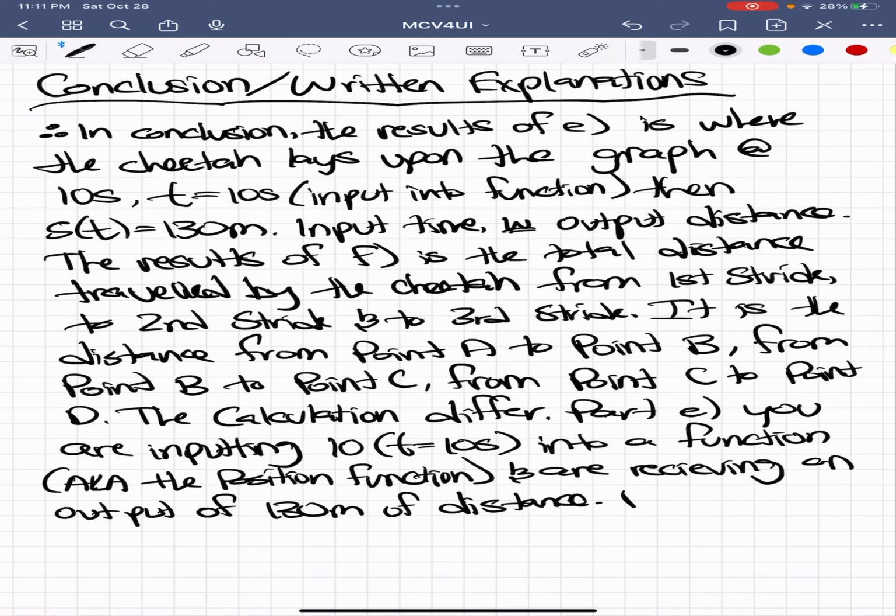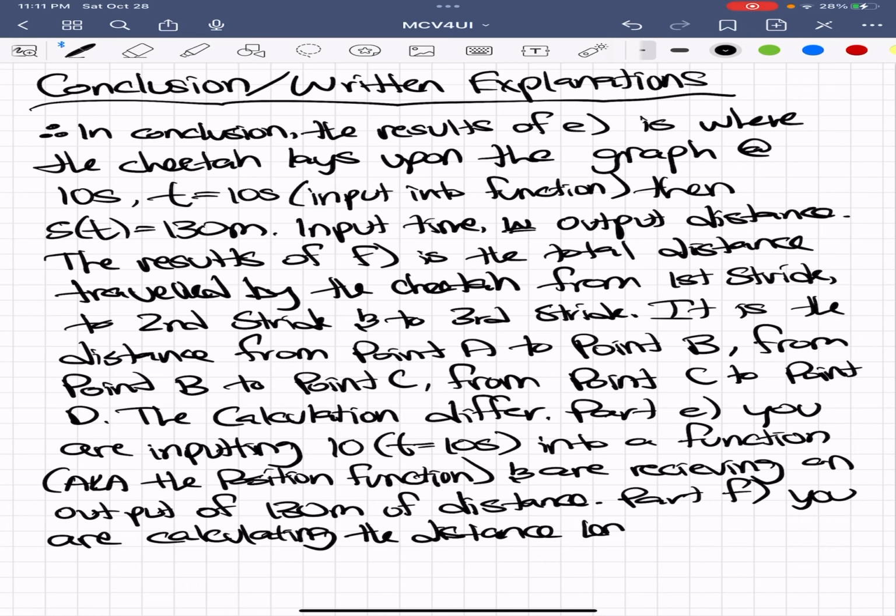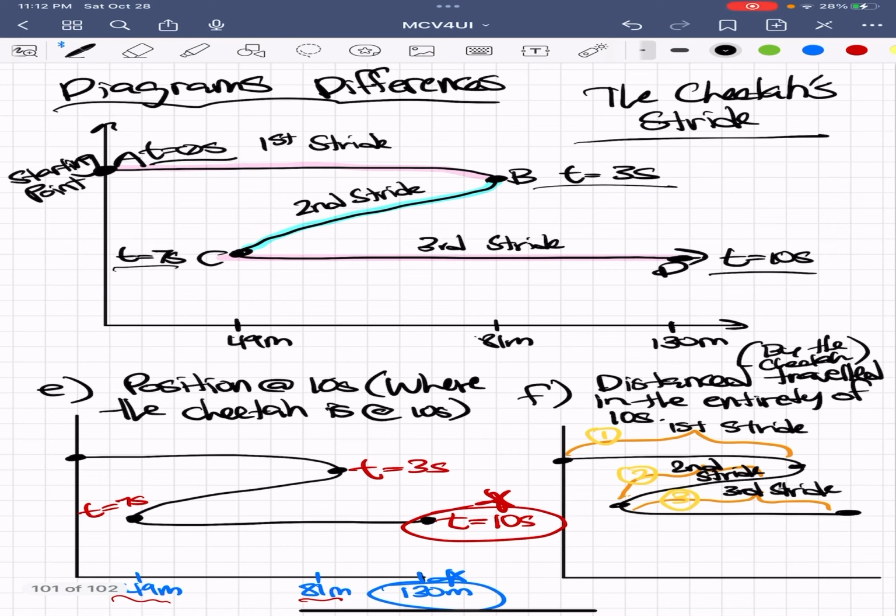In part F, you are calculating the distance length between all points labeled on this graph.